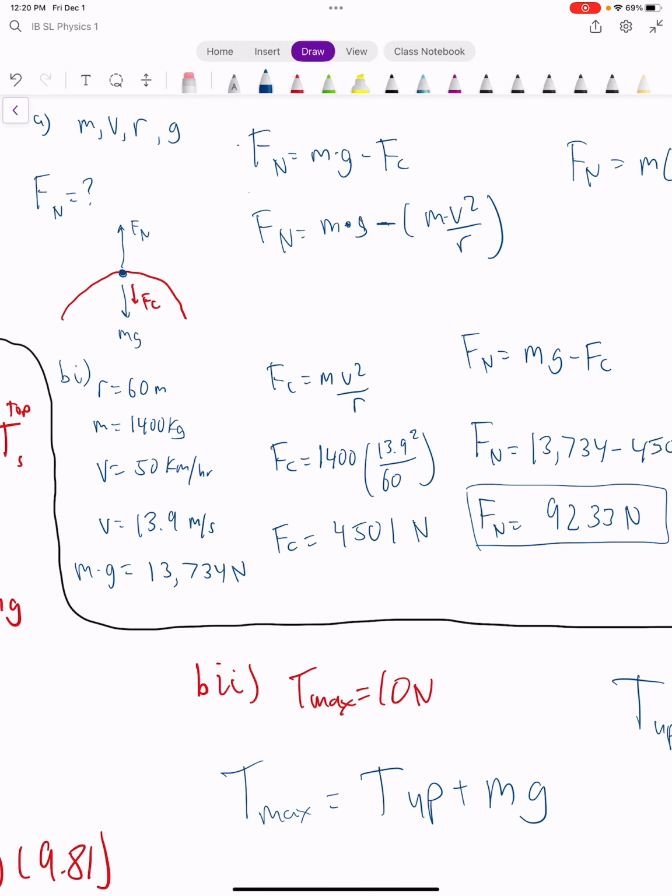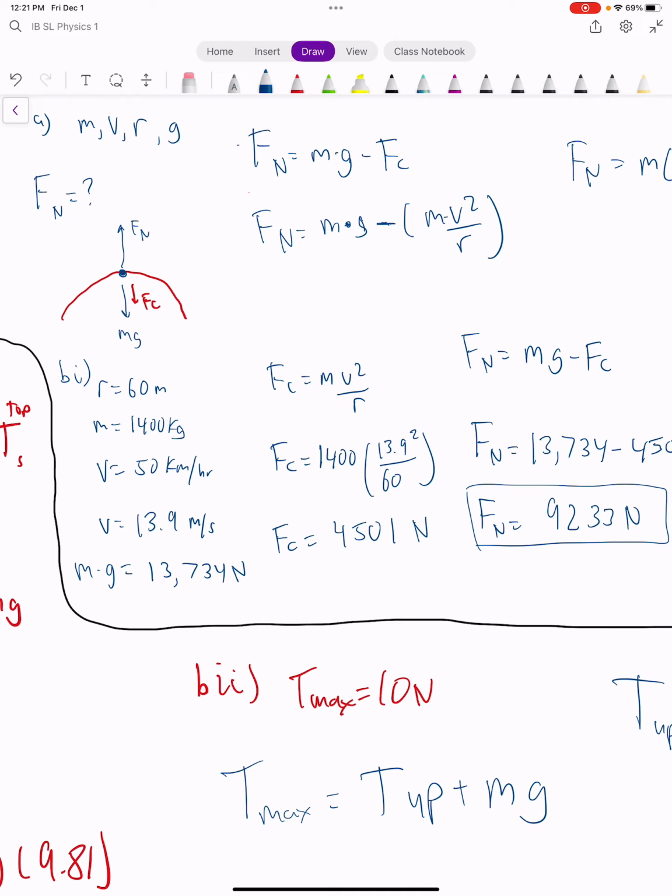We've got all these givens: 60 meters for the radius, 1,400 kilograms, 50 kilometers per hour, which needs to be converted to 13.9 meters per second. And then mg. Mg is the weight, so I just put that in there as 13,734.